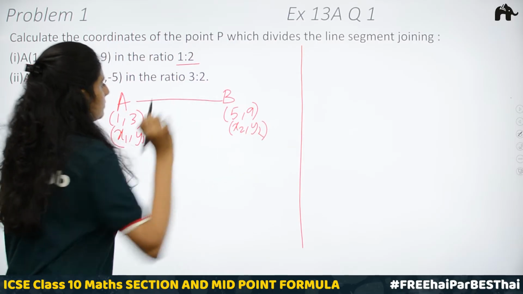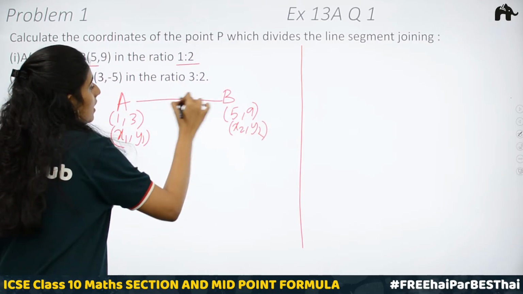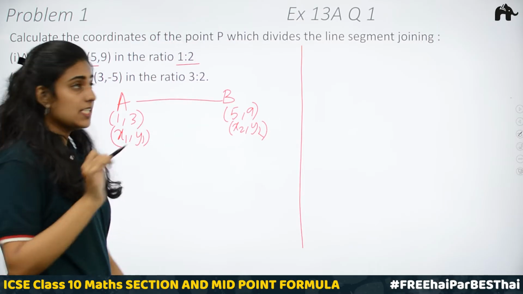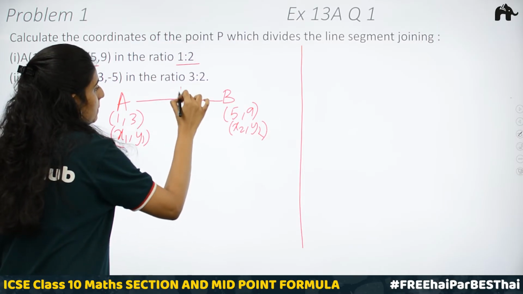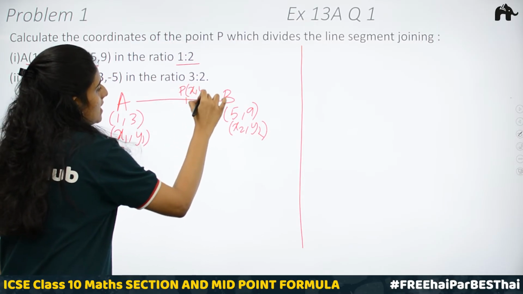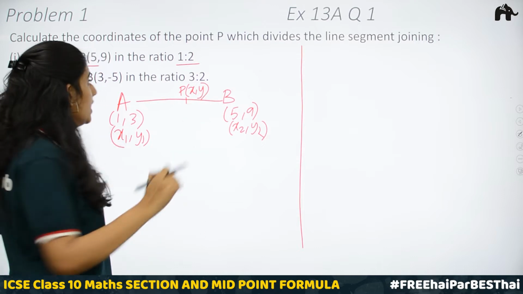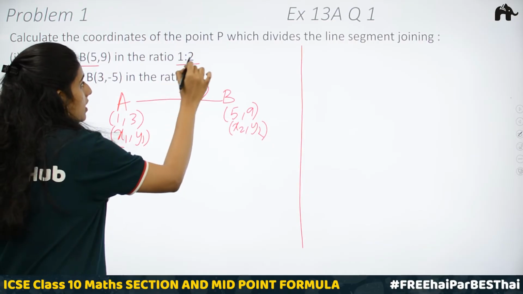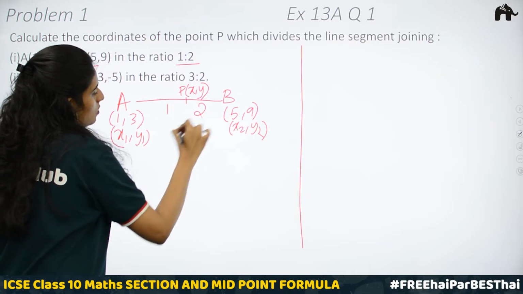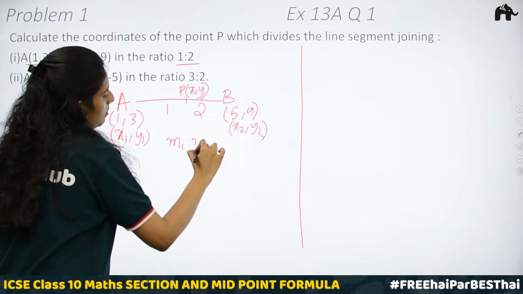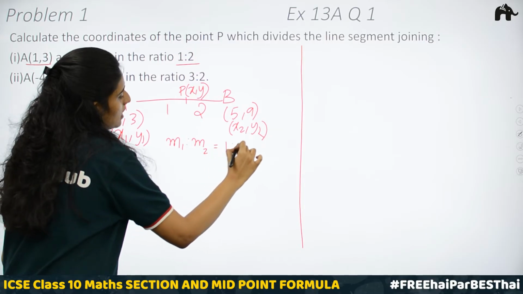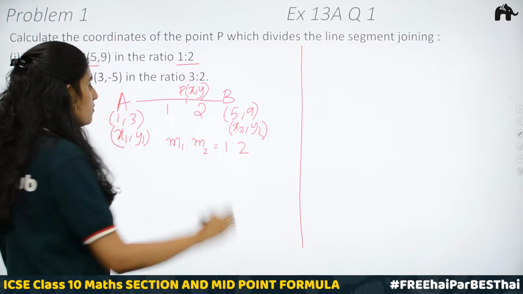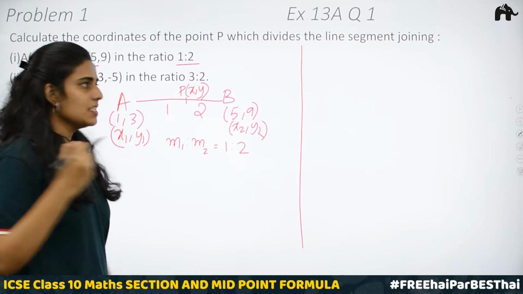Okay. So this is a line joining A and B. There is a point that we consider P of coordinates x, y, which divides the line joining AB in the ratio 1:2, which means M1:M2 is equal to 1:2. We got the values of M1 and M2. This is a simple question, right?